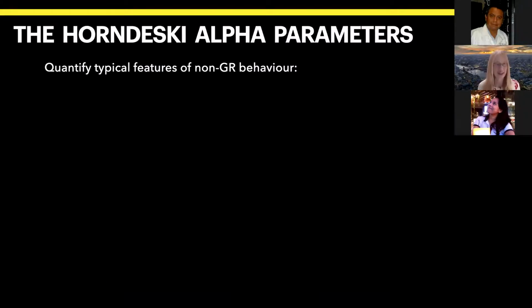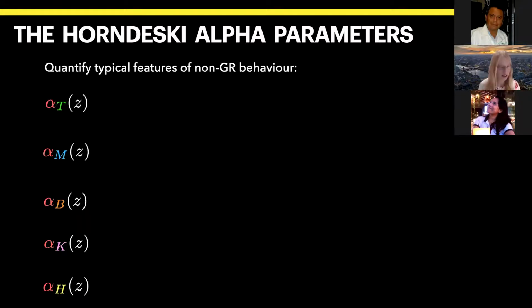As I've said, they quantify non-GR behavior, but there is a nice physical interpretation you can give them. So for example, alpha T, and this appeared briefly towards the end of Jackson's talk, is a parameter that describes the speed of propagation of gravitational waves in your theory.